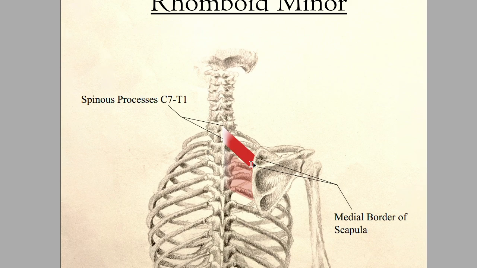They look very similar, and they can look like one big mass of muscle sometimes. Okay, but understand that the rhomboid minor is the piece of that muscle that is superior to the root of the scapular spine, whereas the rhomboid major is the part that is inferior to the root of the scapular spine. Okay, and that's how you can tell the difference between those two.